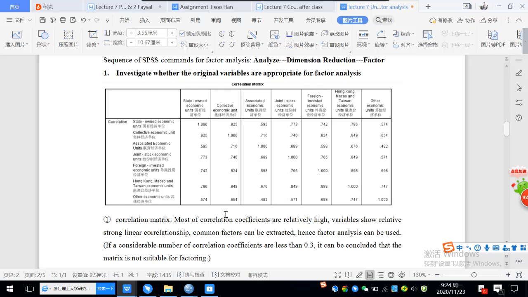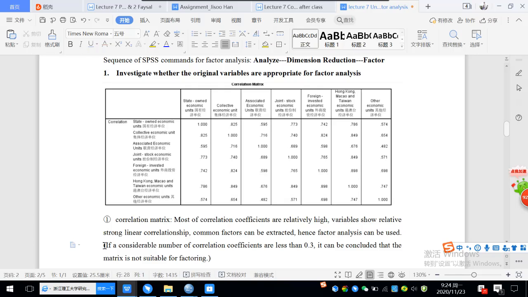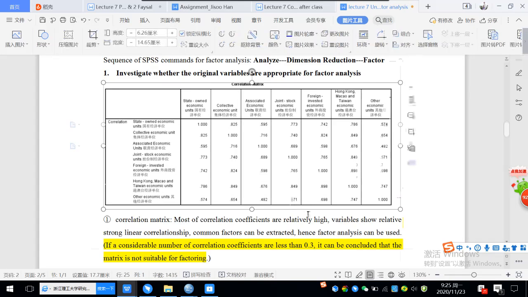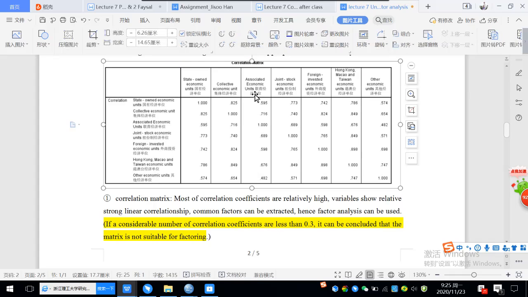First, let's look at the criteria. In this correlation matrix, if a considerable number of correlation coefficients are less than 0.3, then we can conclude that the matrix is not suitable for factoring.